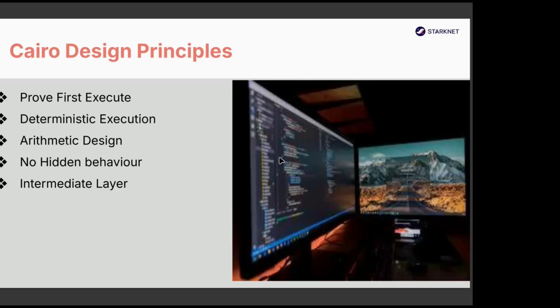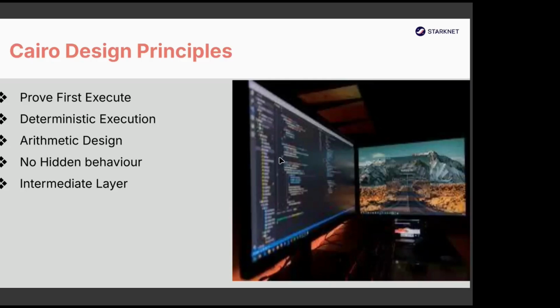So that's the design principle. Every language has a design principle. Every time they were creating a language, there is that one thing which makes this language unique compared to the other languages.